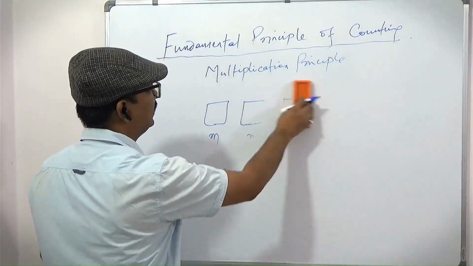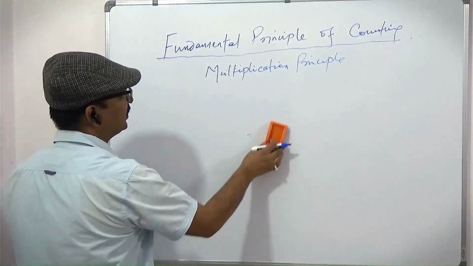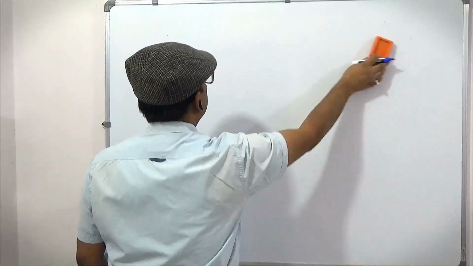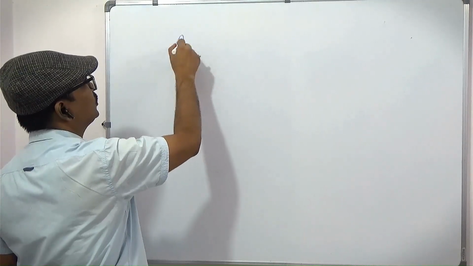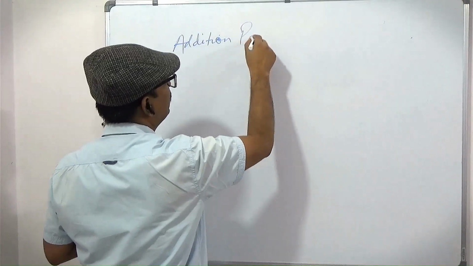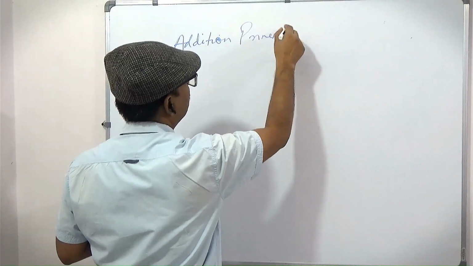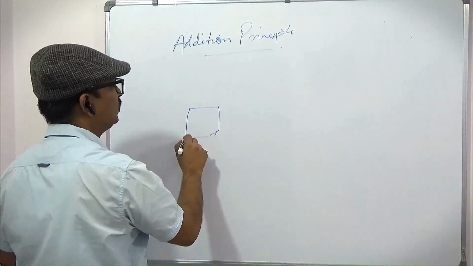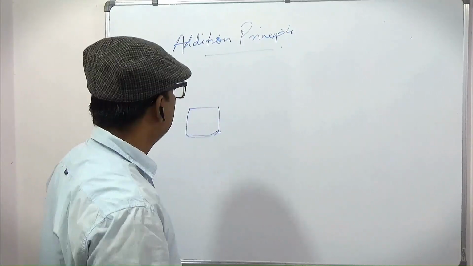We have another principle which is called the addition principle. Let's understand that principle also. What is the addition principle? Let's say we had the slot that we had discussed in the start.